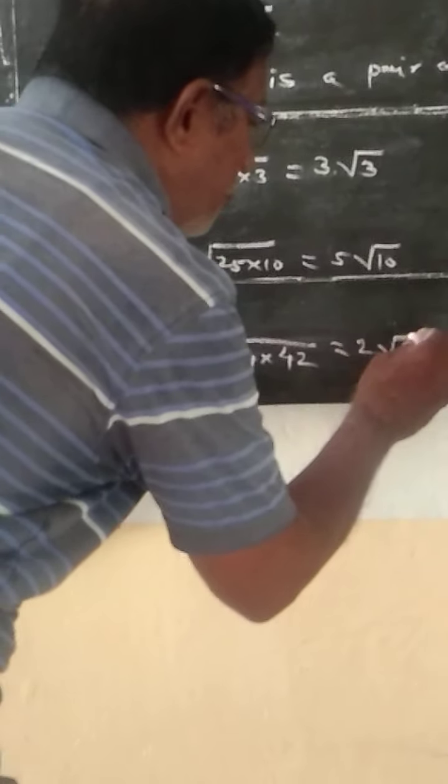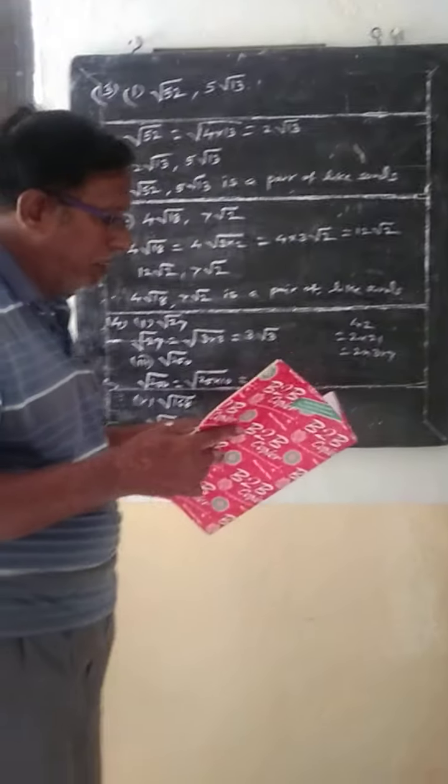When you factorize 42, it is 2 into 21, and 2 into 3 into 7. So we are not getting a pair here, and we can't take the square root of this number. So the simplification of root 168 is 2 root 42. And the remaining questions I will take in the next video.